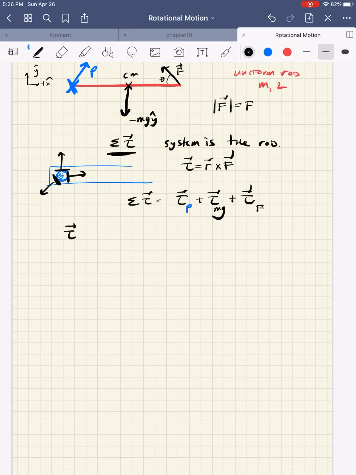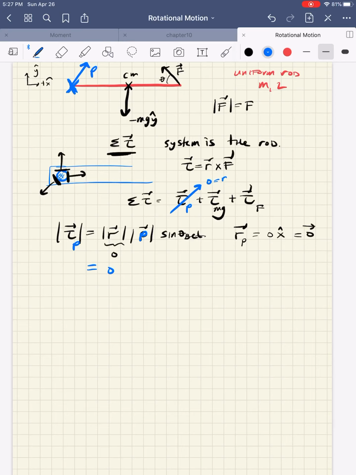So the torque for the pinning force is just going to be equal to 0. And this is true for any force that acts at the axis of rotation: 0, because its r is 0. So in my net torques, this one doesn't contribute, but let's look at gravity and force F.